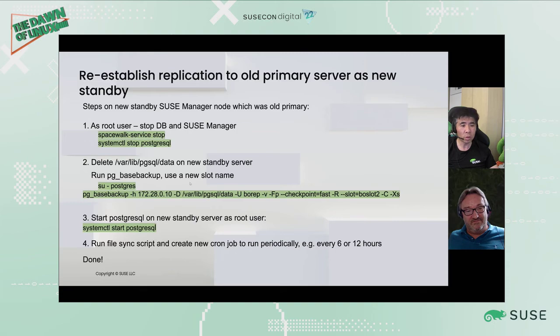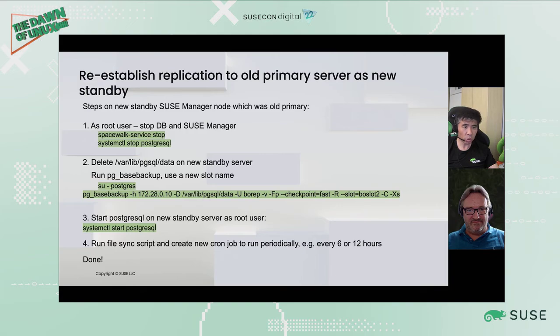And one of the first steps is we need to run a base backup. This is also a Postgres built-in binary that we use to transmit all the data from the current remote primary SUSE Manager to this standby server. For this step, we run this command as the postgres user.